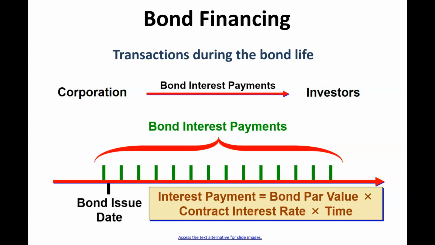The corporation will issue the bond, you will give them the money as an investment, and then they will give you a series of interest payments for the duration of the bond. Then at the end of the bond period, they pay back the money. So you will earn your money back plus the interest payments.